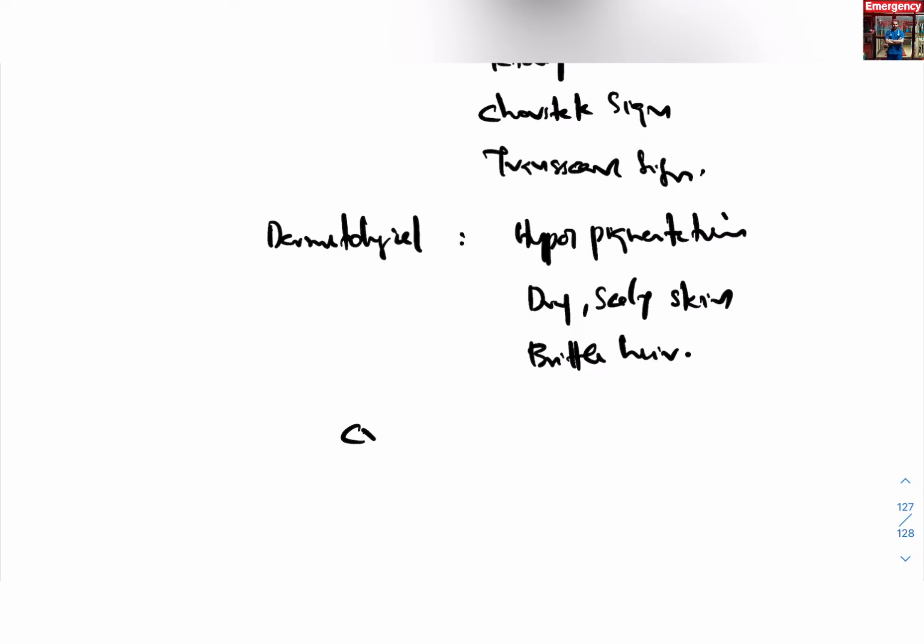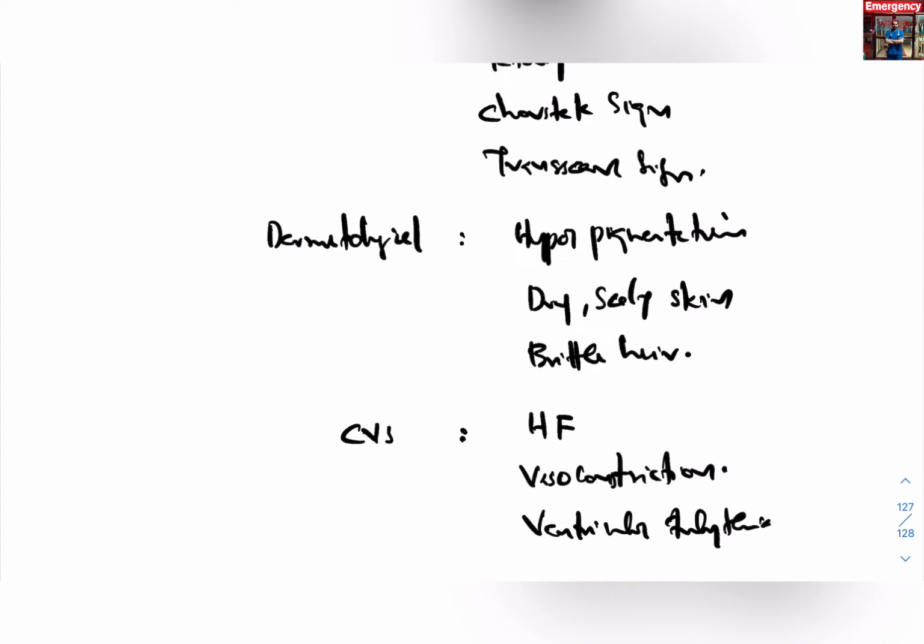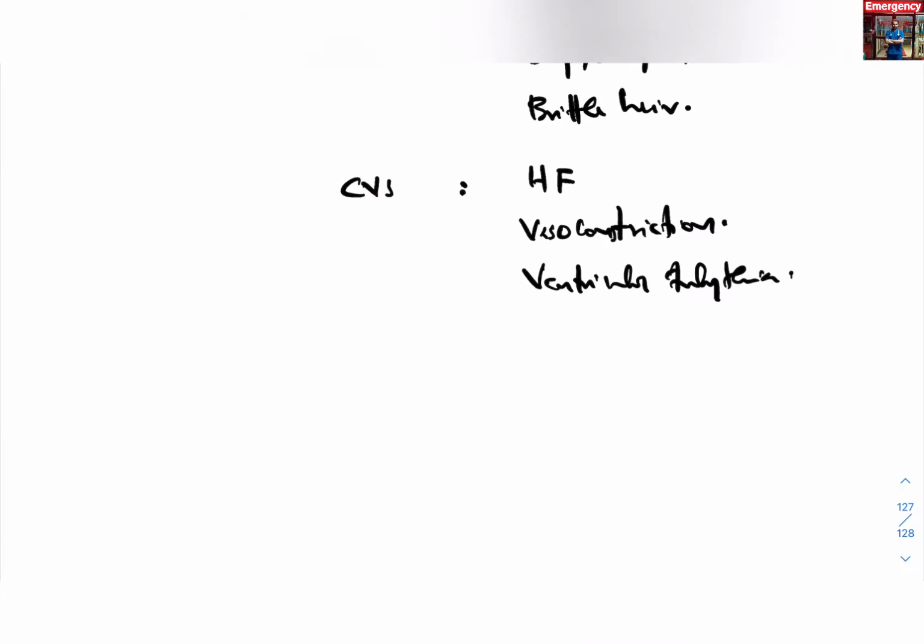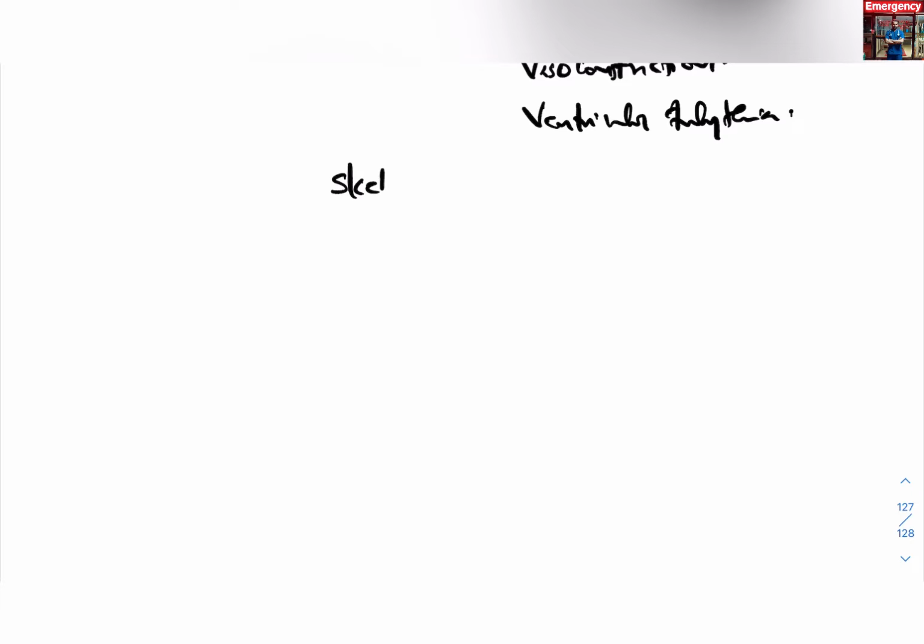In the cardiovascular system, the patient may have heart failure, vasoconstriction, and there may be ventricular arrhythmias, like torsades de pointes, etc. And in the skeletal system, osteomalacia and rickets. These are the various clinical manifestations of hypocalcemia.